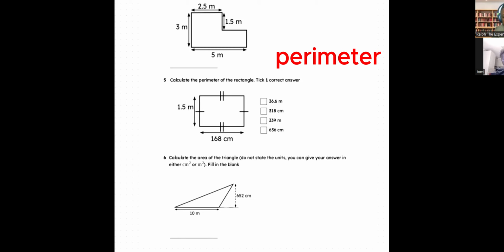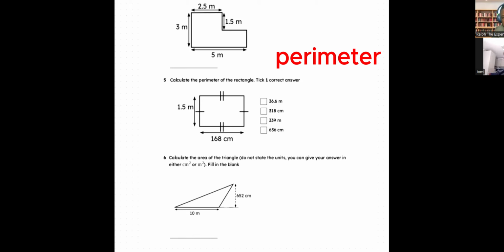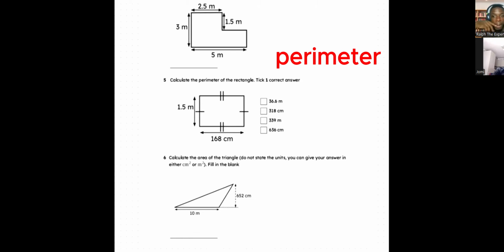Okay. Do you understand number 4? Yeah. Okay, what are you supposed to do there? We're meant to find the area of the thing. The what? The area of the shape.